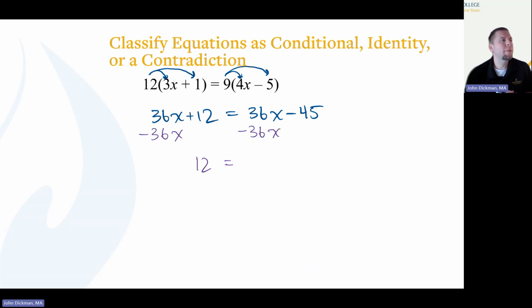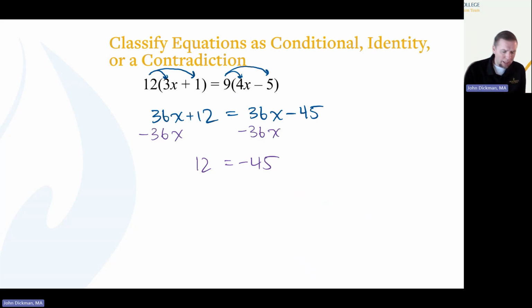The variable disappears. 36x on the right side of the equation minus 36x is no x's. And then on the left side of the equation, we had 36x, and we subtracted 36x from that, which leaves us with no x's. So now we just have this statement that says 12 is equal to negative 45.